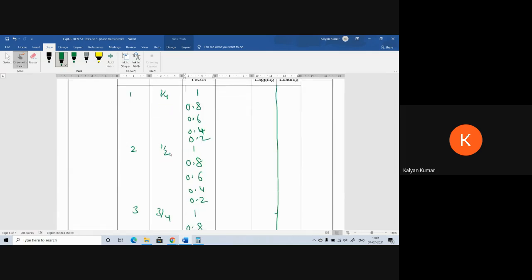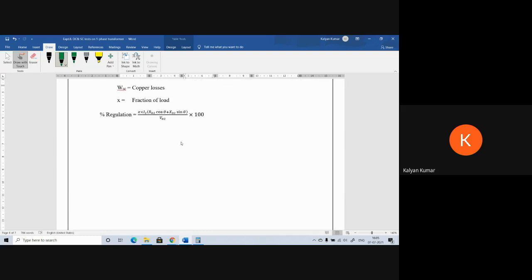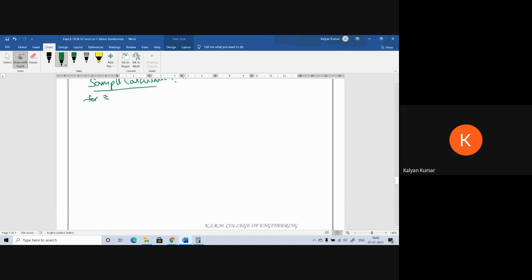Let's take the efficiency at half full load and unity power factor.